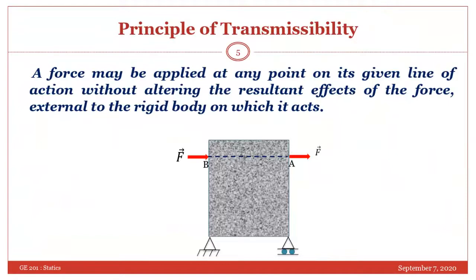Now, the principle of transmissibility. What is the principle of transmissibility? This principle is applicable only for a rigid body. According to this principle, if you have a rigid body and you apply the force anywhere on the line of action of the force, its effect is going to be the same. For example, if this is the body and this is its weight acting down, you may have the reactions over here, and also a reaction over here.